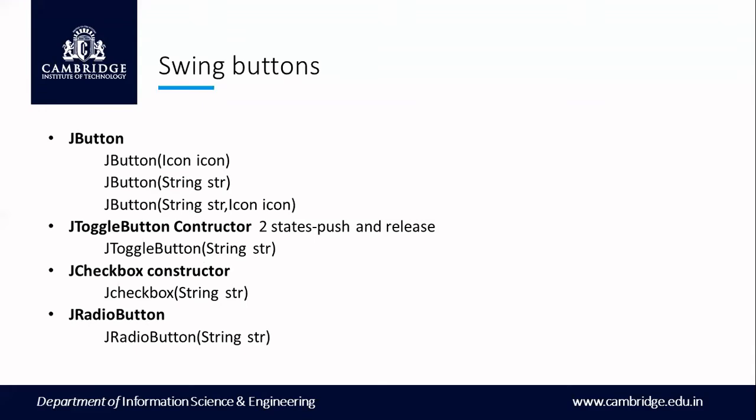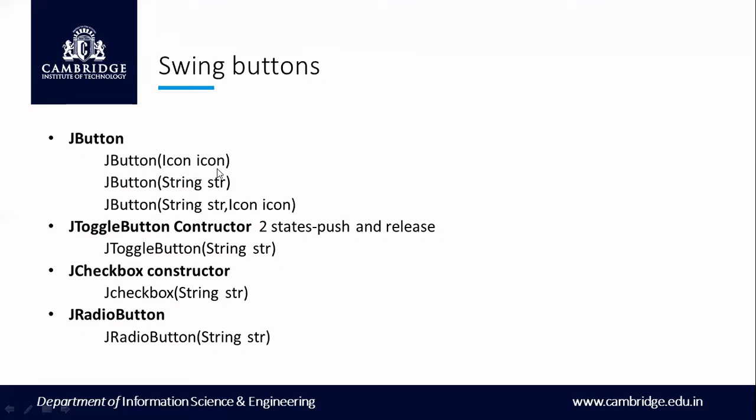Next, you can see different buttons. We have seen what a label is and how to create a label. We have seen how to create a text field in your container. Next, we are going to see Swing buttons. What are the different buttons present? If you want to create a normal button, like an OK button or a cancel button, you can use JButton(Icon).